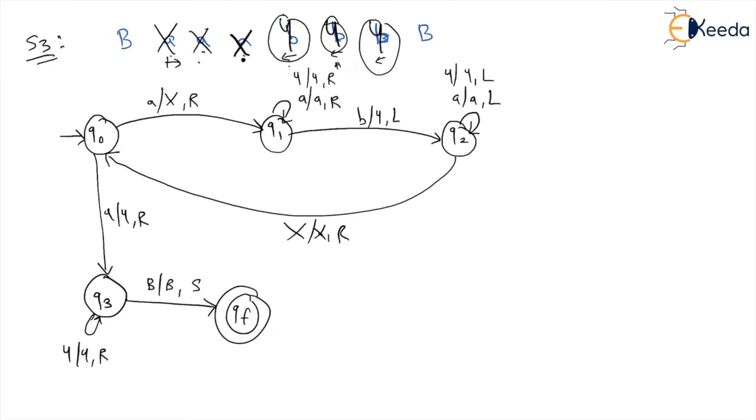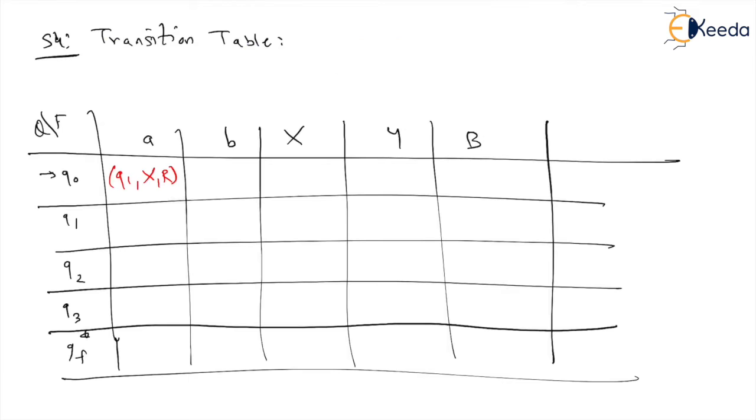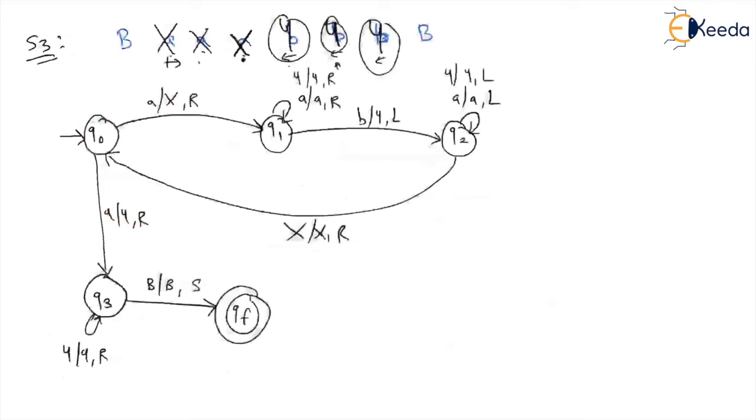No. Does Q0 ever receive a capital X? No. So my second cell and third cell will always be blank, signifying no operations. Going ahead, does Q0 receive a Y? Let me check that. Yes, Q0 does receive a Y, and in that case, it keeps the Y as Y and moves to the right to state Q3.